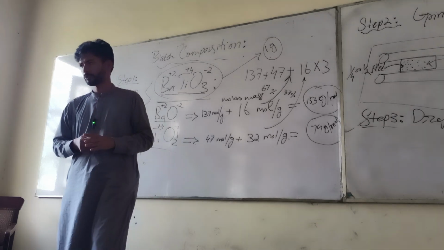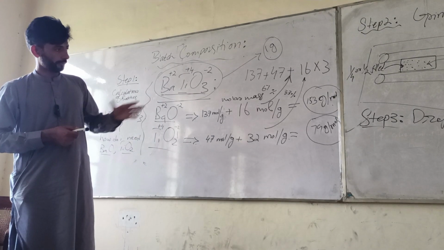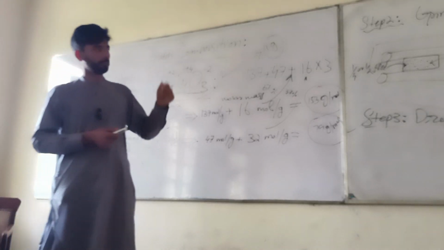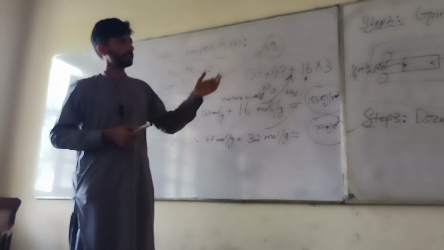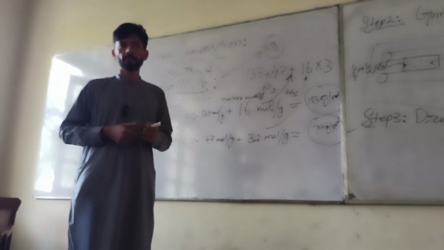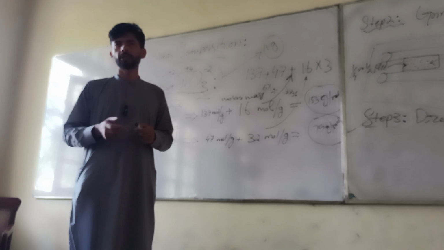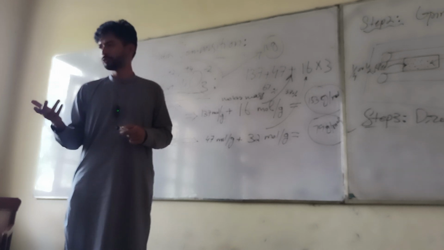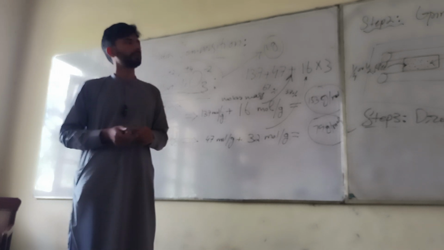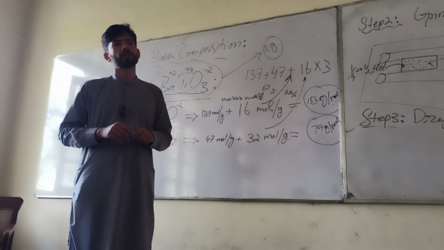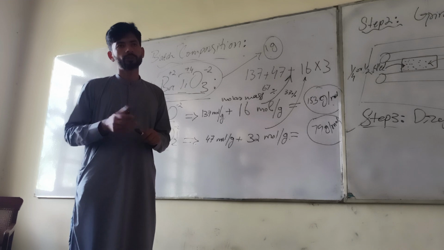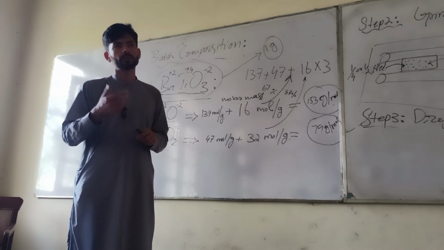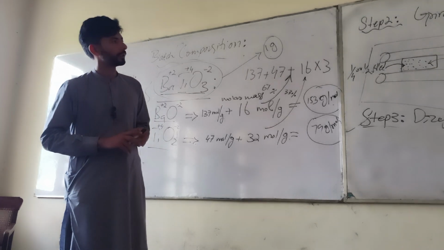Then the steps: grinding and milling. Selection of media: widely zirconia balls are recommended, tungsten is also used. Okay, and different types of solutions, mostly alcohols, ethanol, propylene or DMF, like that.